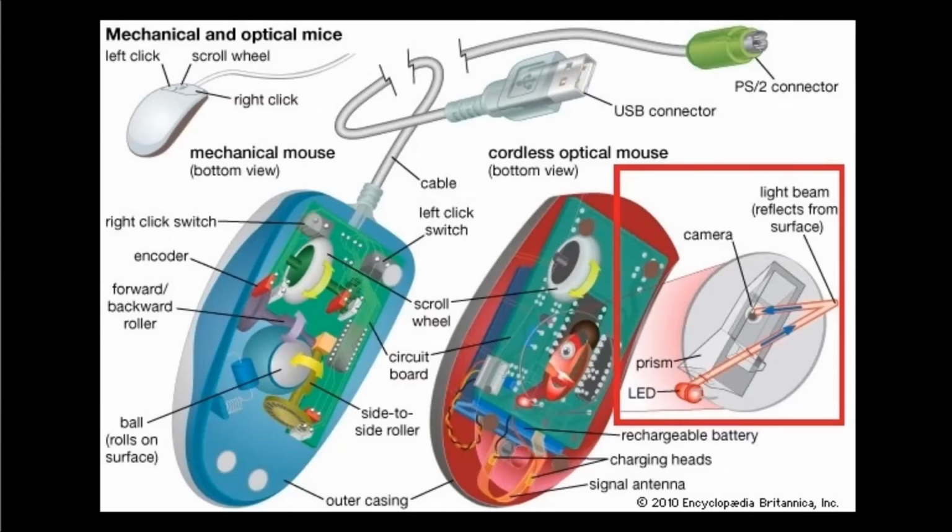What sets apart the optical computer mouse from the mechanical computer mouse is some of its internal parts. These parts include an LED, a camera, and a prism. Referring to Figure 1, obtained from Encyclopedia Britannica, we can see that the LED emits a light beam that is refracted by the prism to the surface on which the optical mouse is currently lying.